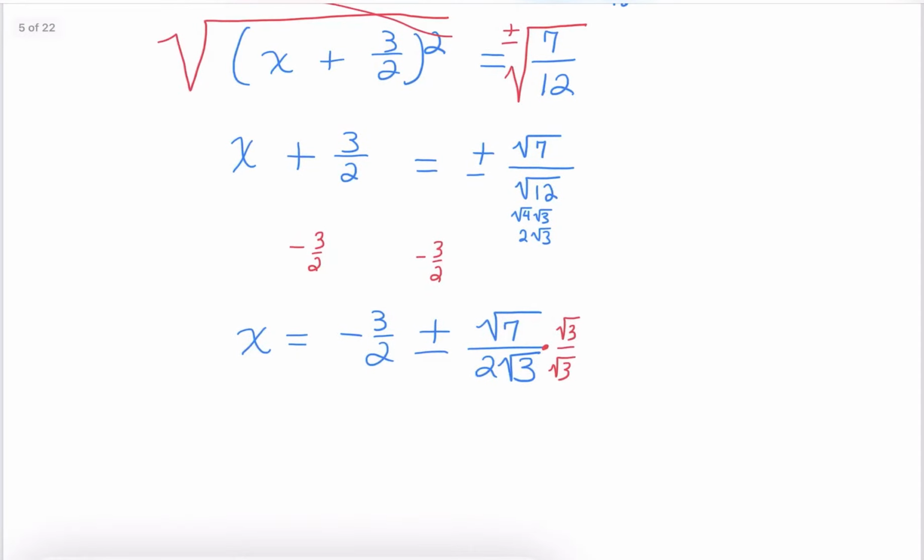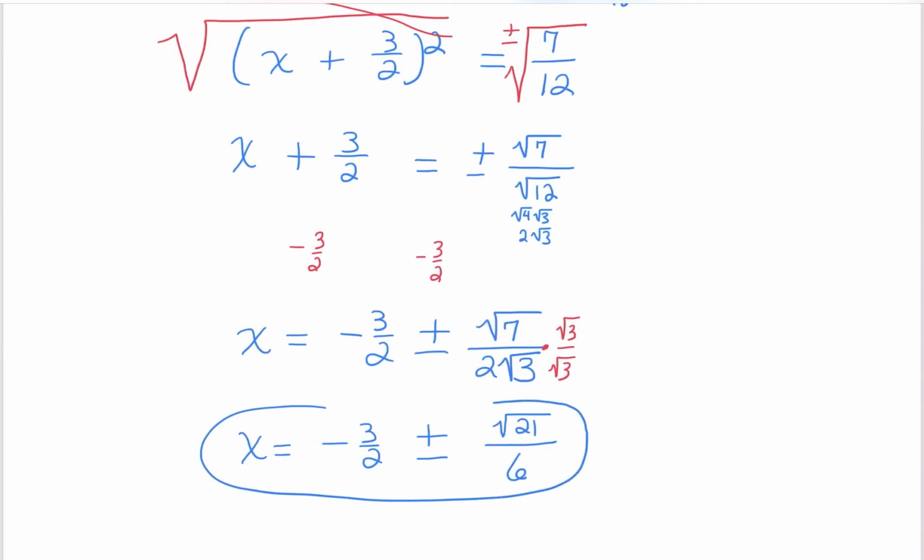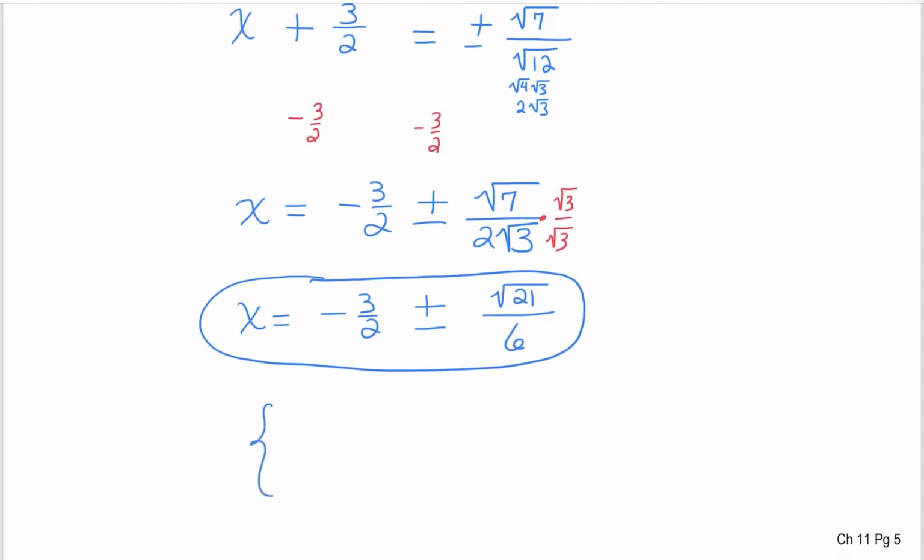That would give me, in the numerator, square root of 7 times 3 is 21, divided by square root of 3 times square root of 3 is 3, and 2 times 3 would be 6. So my final answer here would be negative 3/2 plus and minus the square root of 21 over 6. Or again, writing those out separately, you could say negative 3/2 minus square root of 21 over 6 and negative 3/2 plus the square root of 21 over 6.